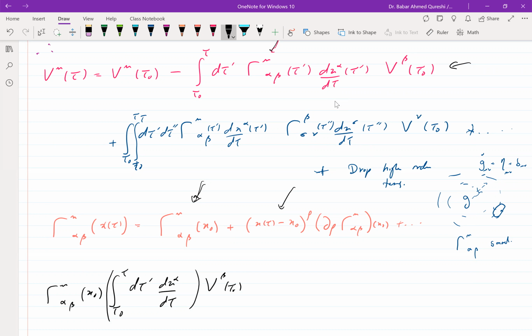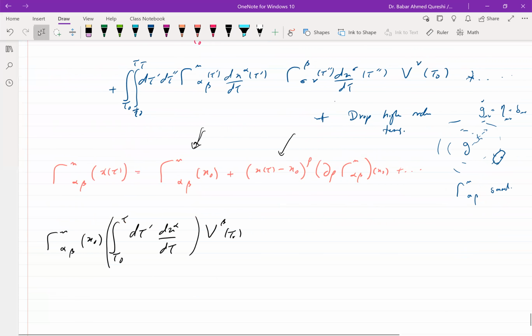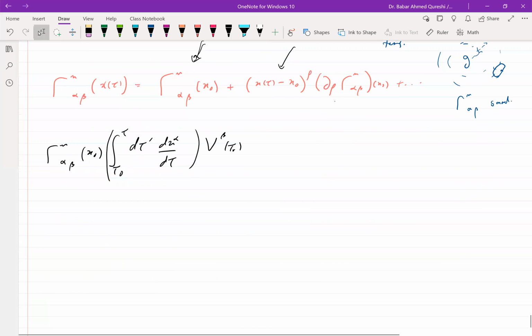Now, this gives me this integral, which is just this.